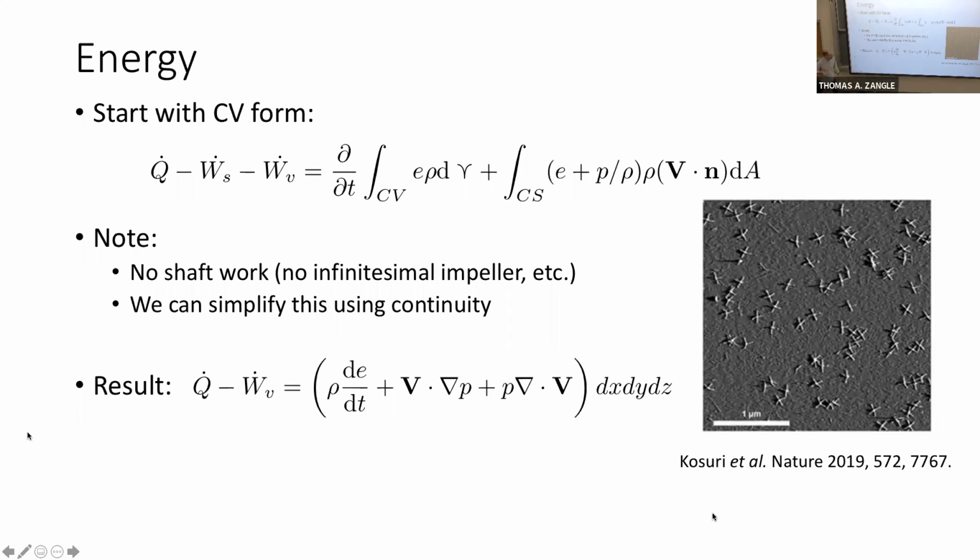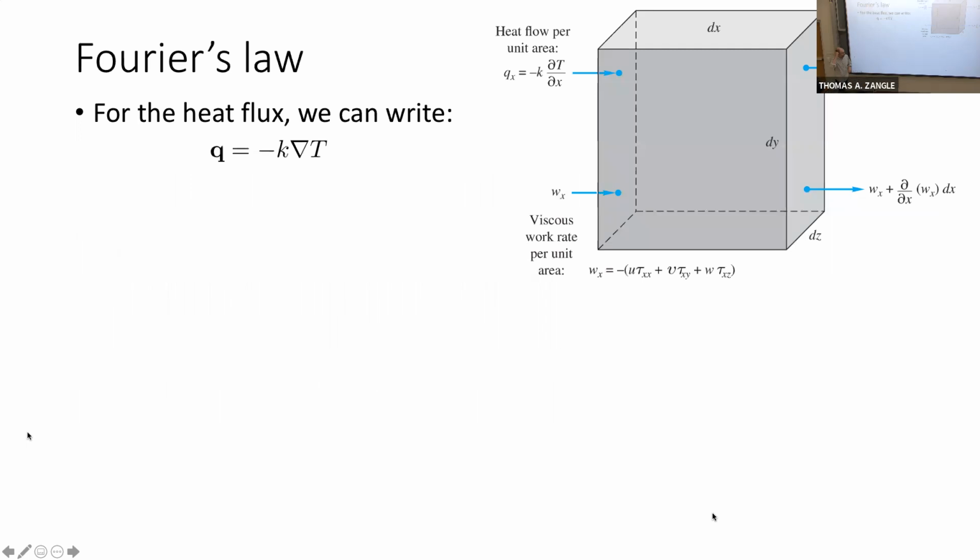So now the question is, what are these terms? We're going to write out these terms, Q and W dot viscous. For the heat flux within the fluid, we're going to use Fourier's law, q equals minus k grad T, a vector heat flux.